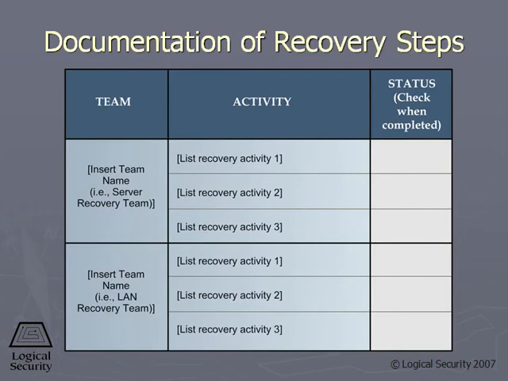Now, if it's a large company and a large disaster, then they'll set up a command post. As the teams finish their recovery activities, they'll report up, okay, done with this, and somebody will keep track of it, because some of the things have to be in sequence and they may not be together.